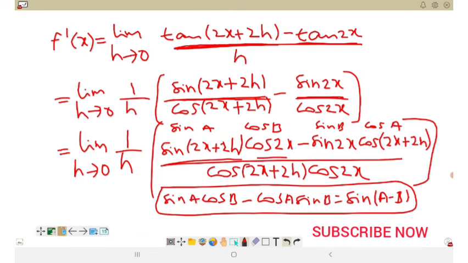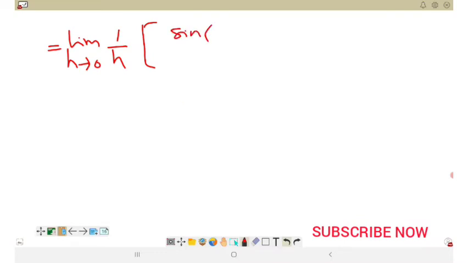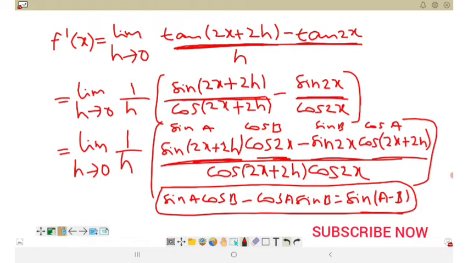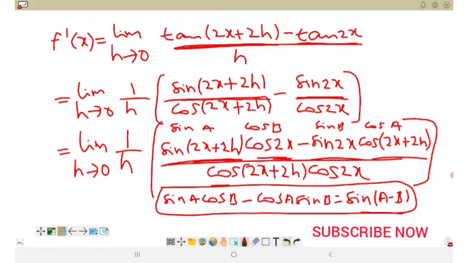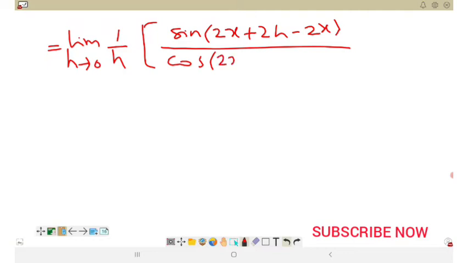Here A is equal to 2x plus 2h and B is equal to 2x. Sin of A minus B is sin of 2x plus 2h minus 2x, by cos of 2x plus 2h into cos 2x. So plus 2x minus 2x cancel, right?